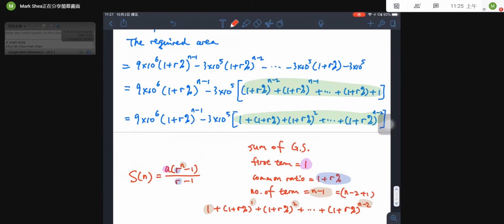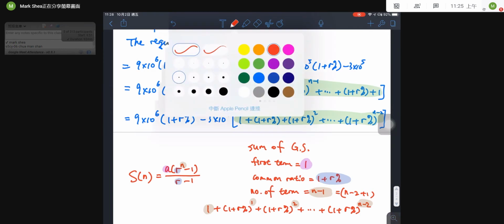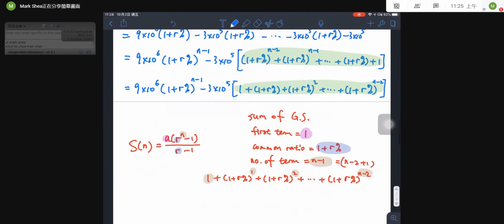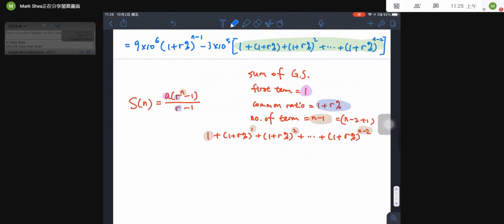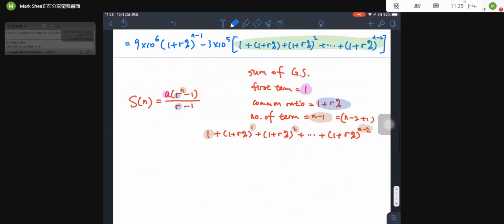Okay, so you should know how to find out the first term, common ratio and the number of terms for you to apply the sum of GS. So after we simplify, then we can get the following expression.